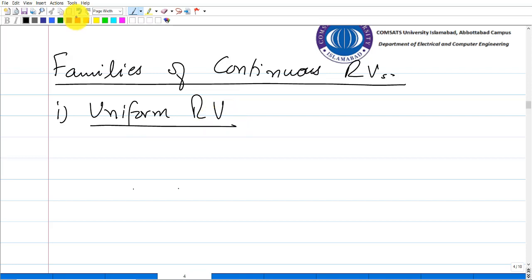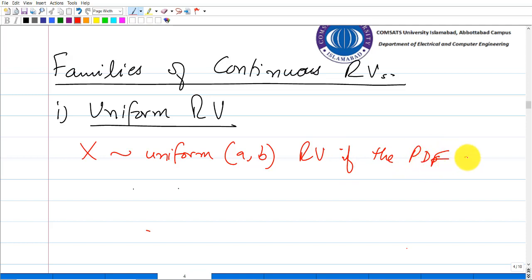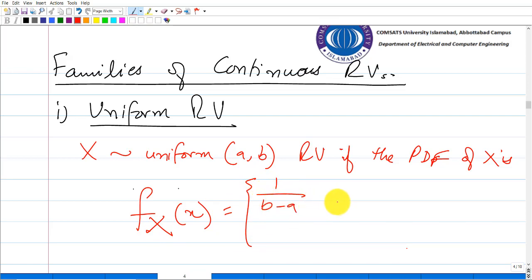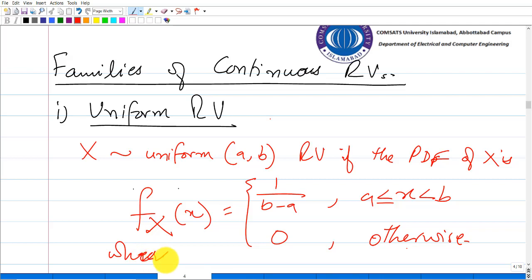We define X as a uniform (a, b) random variable if the PDF of X, small f sub X of x, is equal to 1 over b minus a for the range a to b, and sorry, it's 0 otherwise, where the parameters satisfy b greater than a.